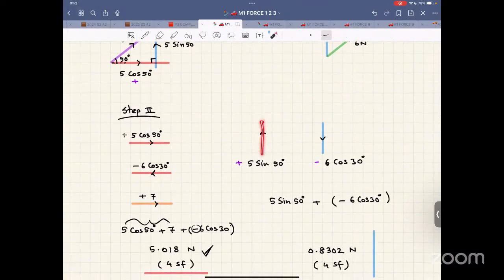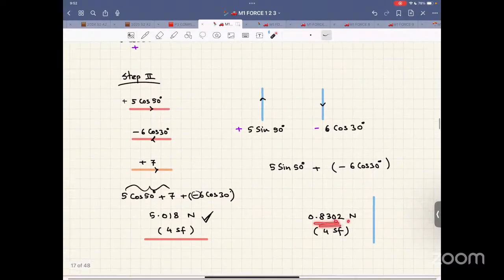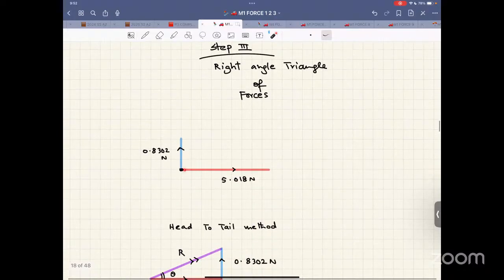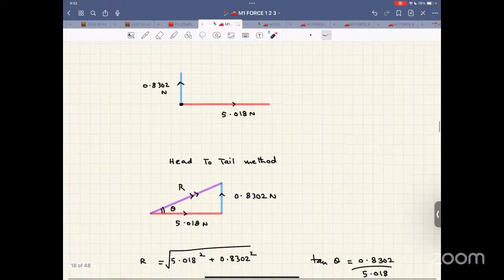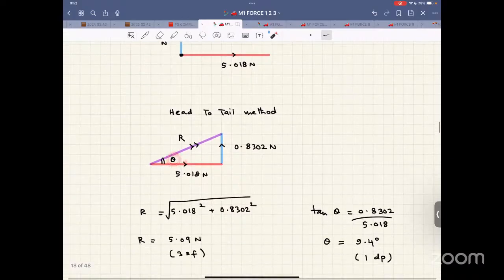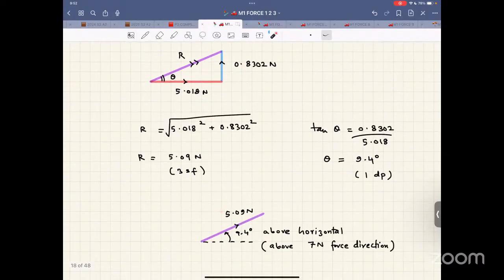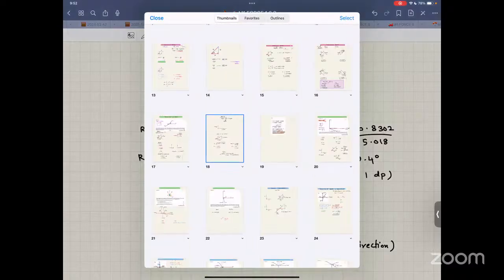And then this one is going up, this one is coming down. So this is 0.8302. Therefore, this one is 5 Newton in this direction, 0.8 Newton in this direction. The resultant should be in this direction, based upon Pythagoras theorem, and calculate the basic angle. That is the direction it makes with the horizontal. That is the basic idea.